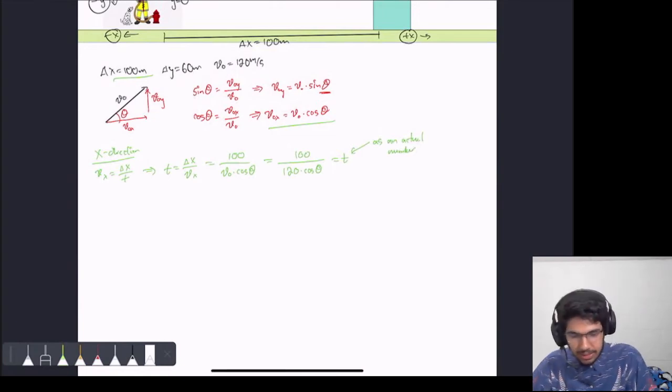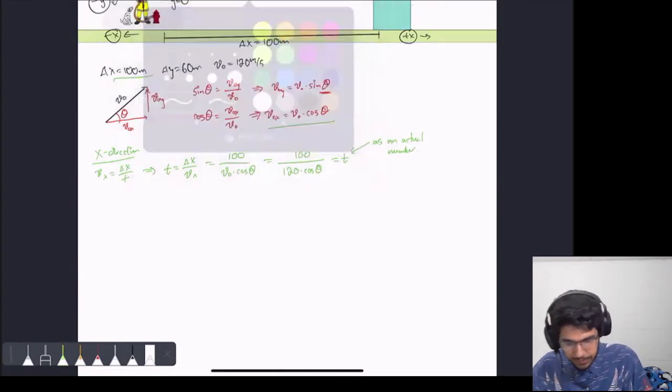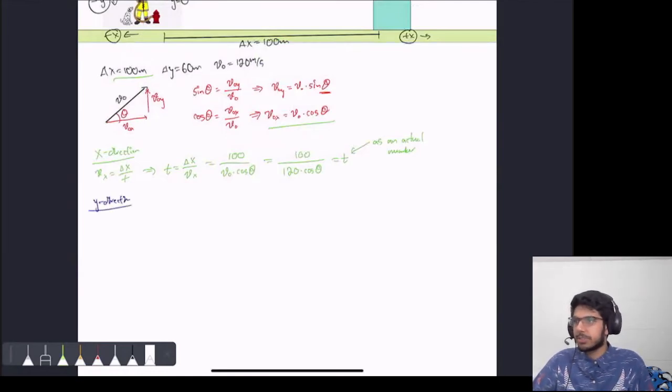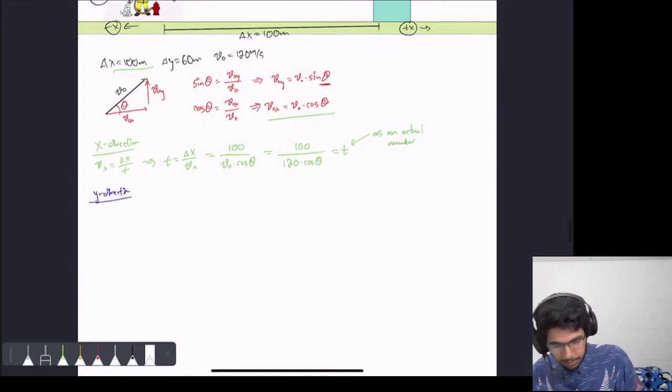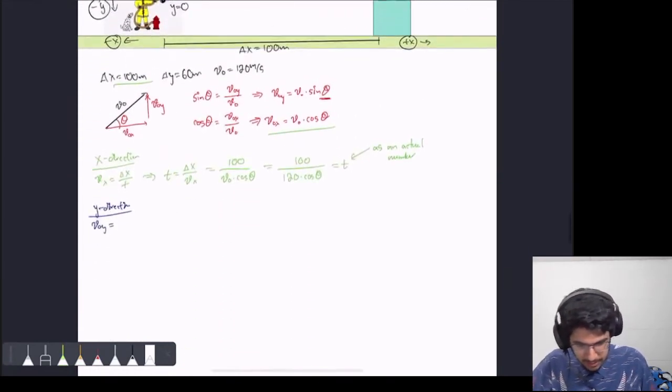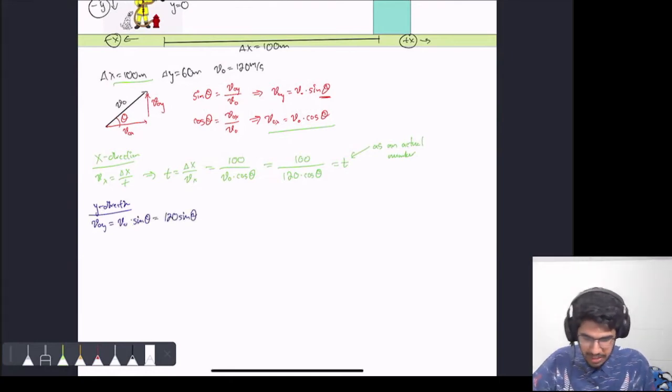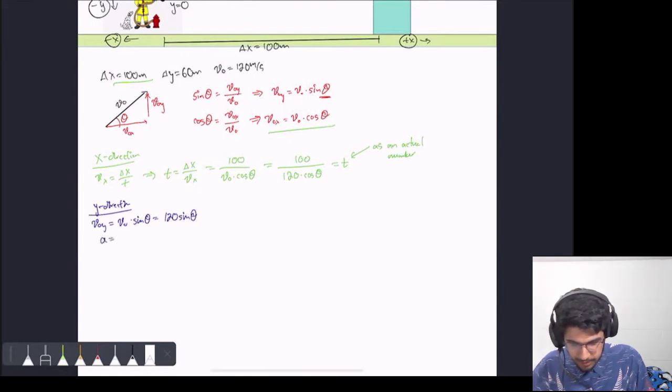So to do this, we look in the y direction. What do we have in the y direction? Again, we have v naught y, that is equal to v naught times sine of theta, which is just 120 sine of theta. We have an acceleration, gravity.